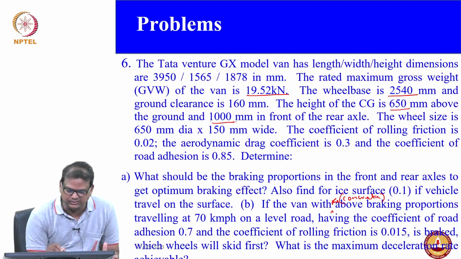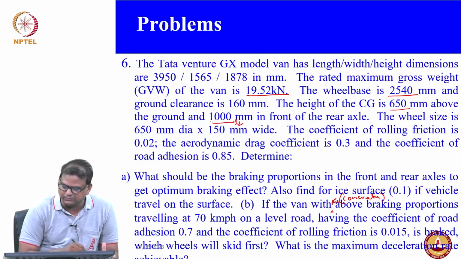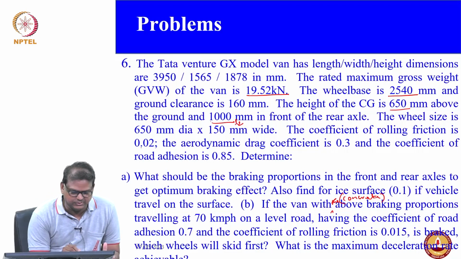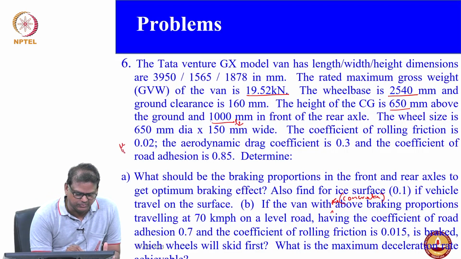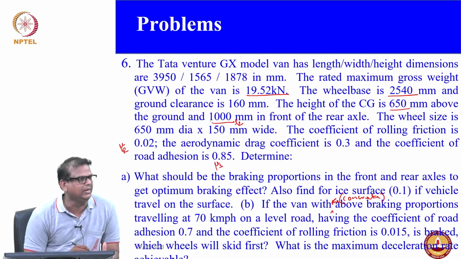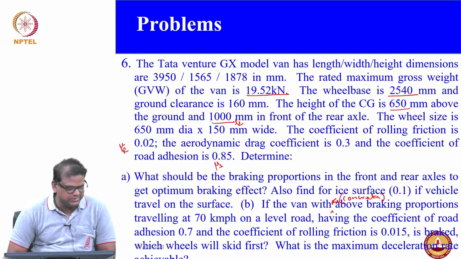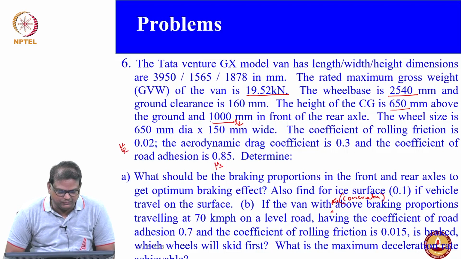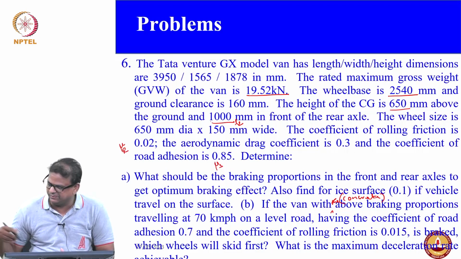It should be L2. Excellent, correct. This is L2. And this is your mu r, and this is your mu s, 0.85. All that information is given. So we need to find out what would be the optimum braking effort. That's the thing.